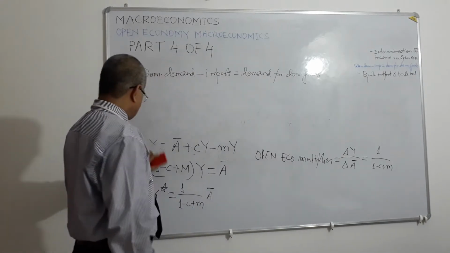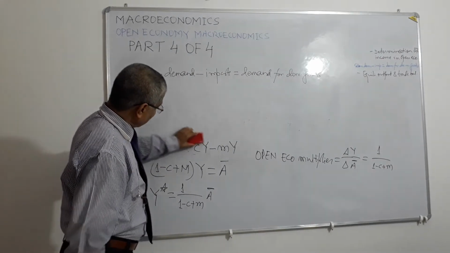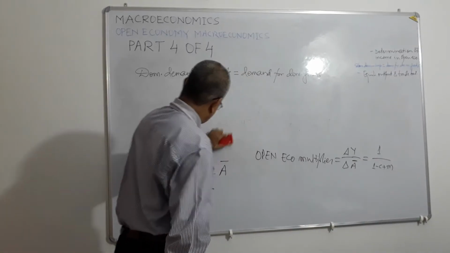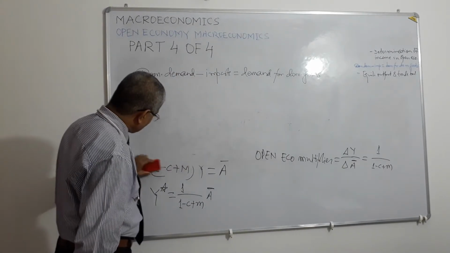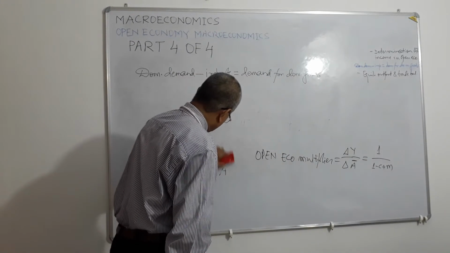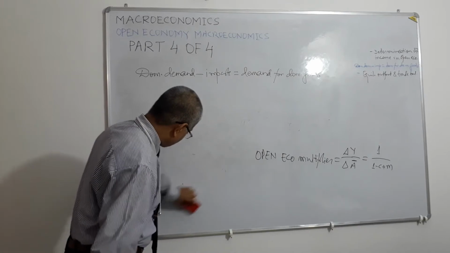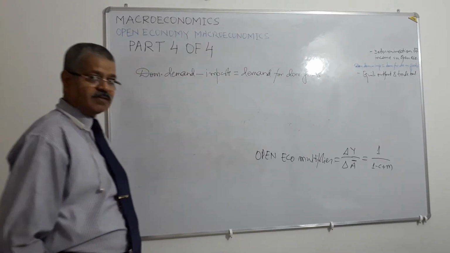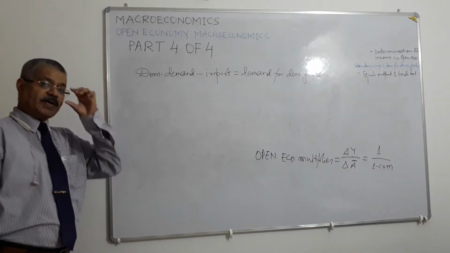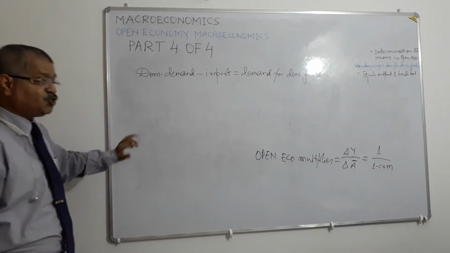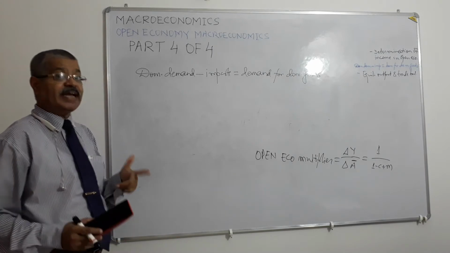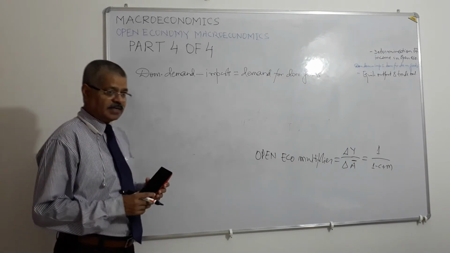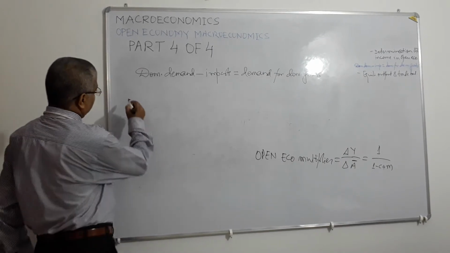It means if my income goes up by 1 rupee, I consume 80 paise of that rupee, 0.8. Marginal propensity to consume is equal to 0.8. It means if my income goes up by 1 rupee, I spend on consumption 80 paise of that 1 rupee, right?